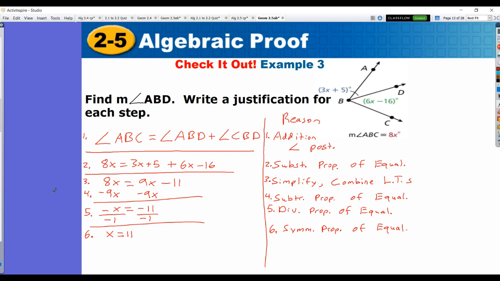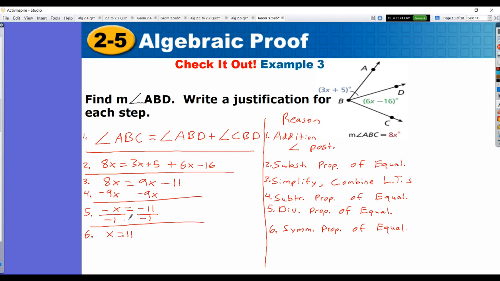Yours might look a little different, but basically you need to show that you're simplifying and combining like terms. Now I get to the algebra part. I am subtracting 9x from each side. My reason is that I can use the subtraction property of equality. Then I'm down to just this part right here, and I'm going to divide by -1 so I get rid of that negative x.